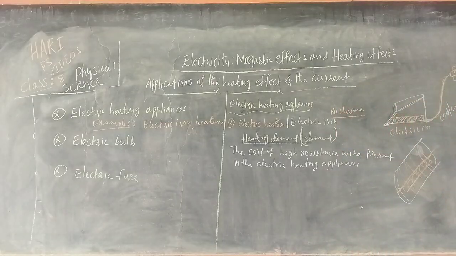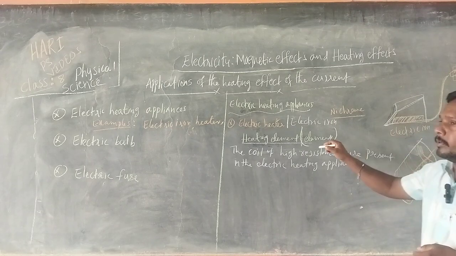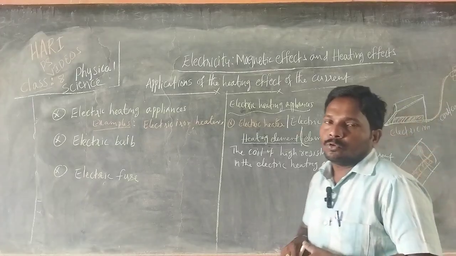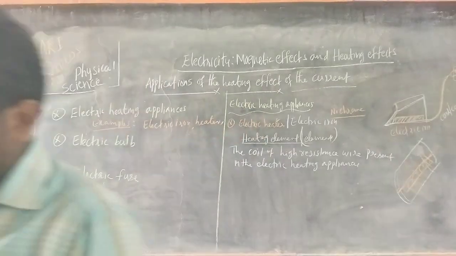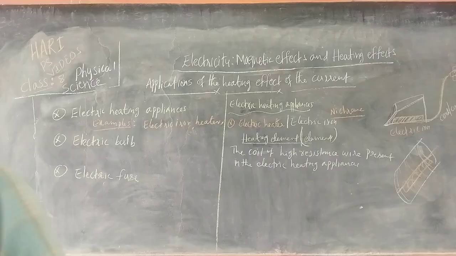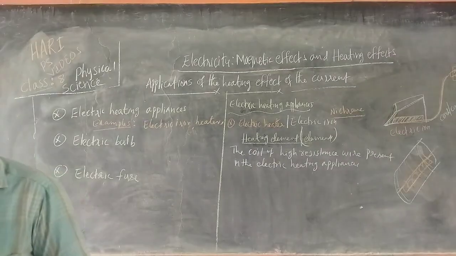This heat energy produced by electric heating appliances is utilized for different purposes. In the case of an electric iron, the heat energy is utilized for ironing clothes. A room heater is also used to produce heat.